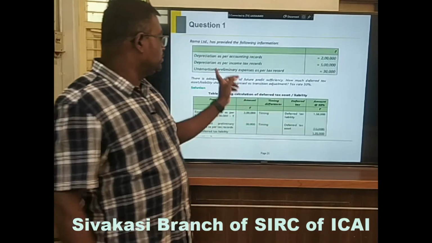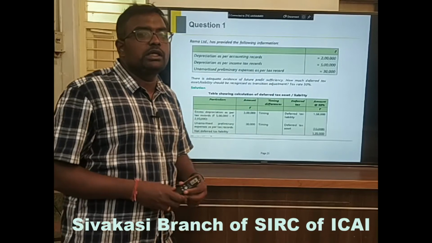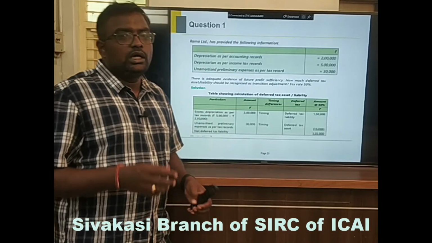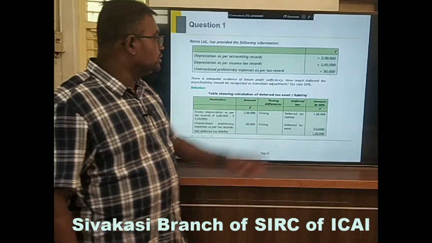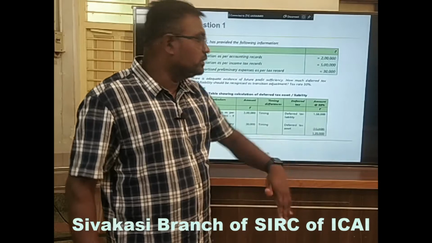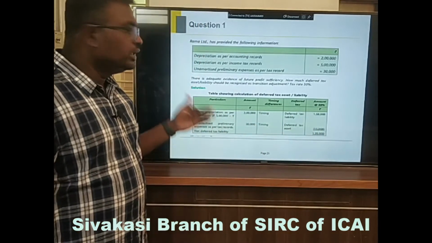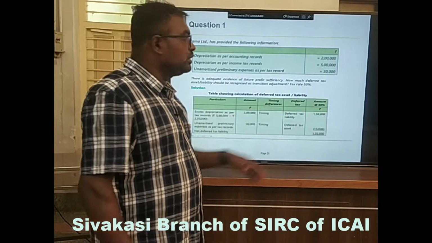Whereas for unamortized preliminary expenses, the rule under income tax is that they are allowed over a period of 5 years. So this is disallowed under income tax in the current year; after disallowing, it will be allowed over the period of 5 years. So I create a deferred tax asset because it is not allowed.